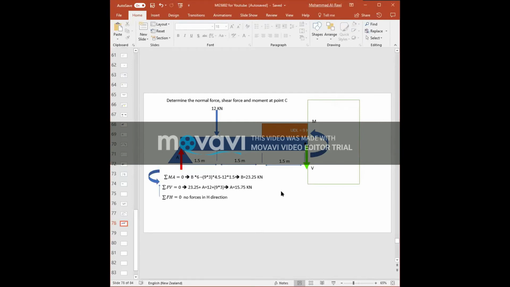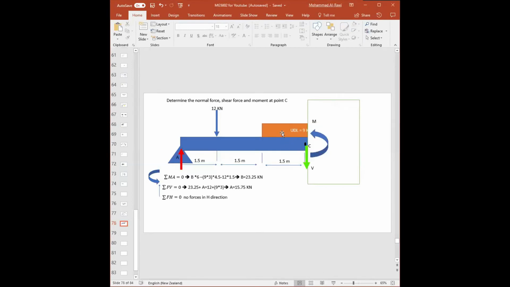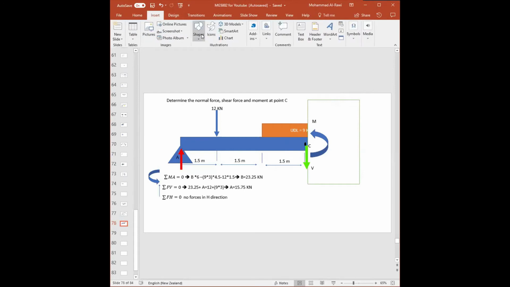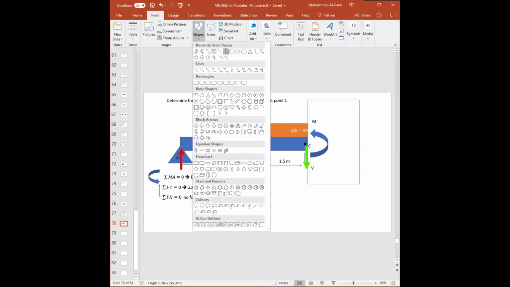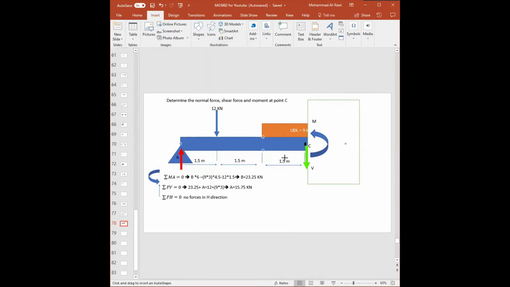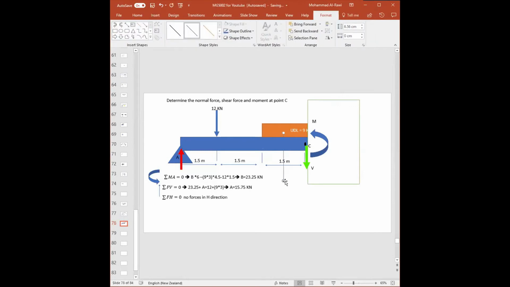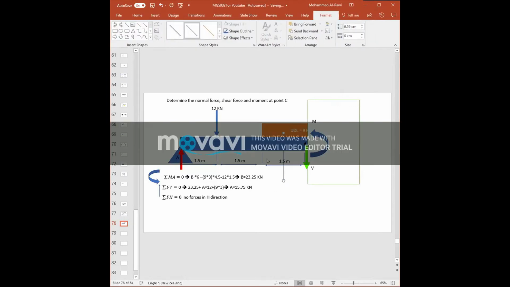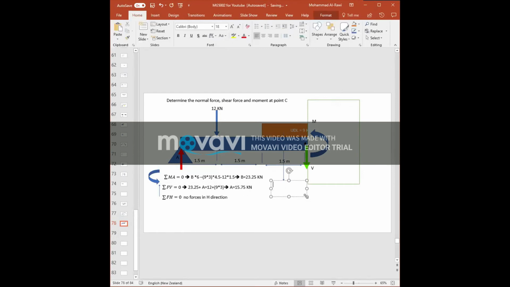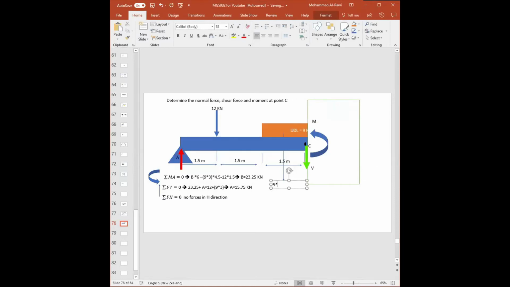All right. So now for that diagram, what's happening in the UDL now? It's not covering about 3 meters anymore. The UDL now, if you look carefully, became what? 9 times 1.5, or what? Can you tell me? What's the UDL now? It used to be times 3.